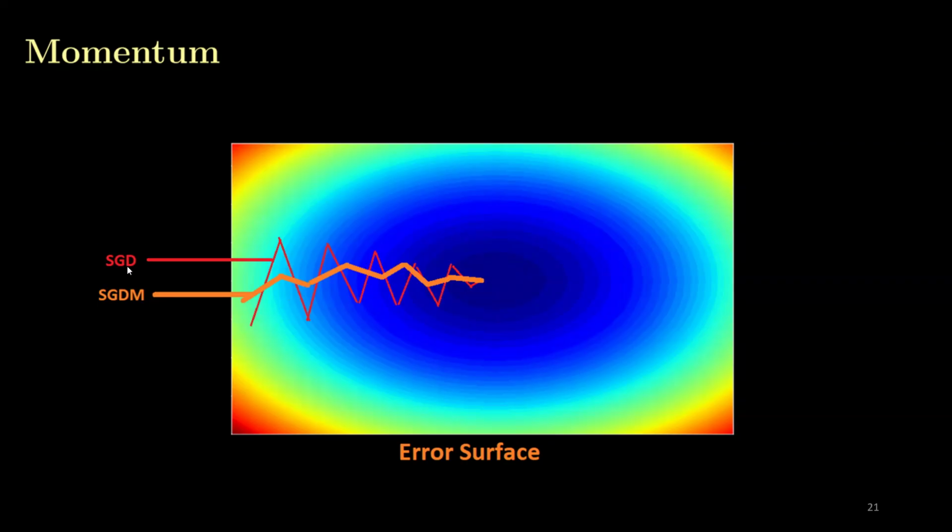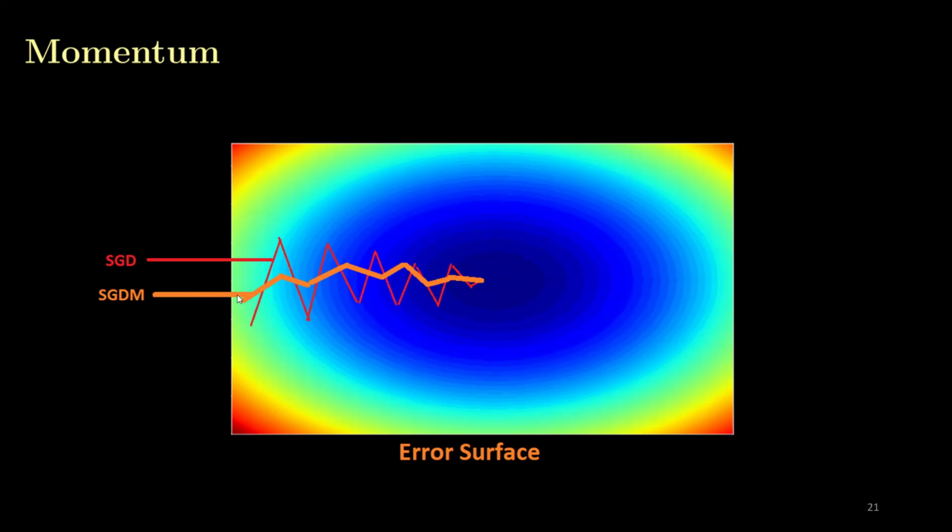So look at this stochastic gradient descent algorithm. It is vibrating in the vertical direction and it is taking too long to reach the minimum or the lower value of the loss function. On the other hand, if we attach a term momentum with stochastic gradient descent, it becomes stochastic gradient descent with momentum. We know that momentum uses a weighted average process.